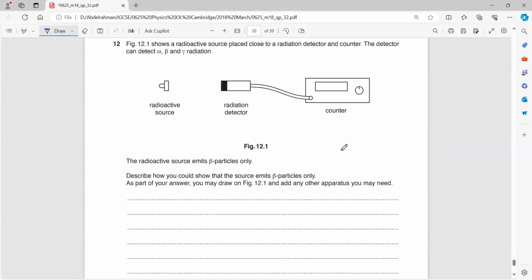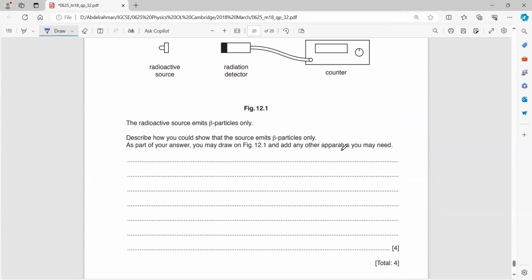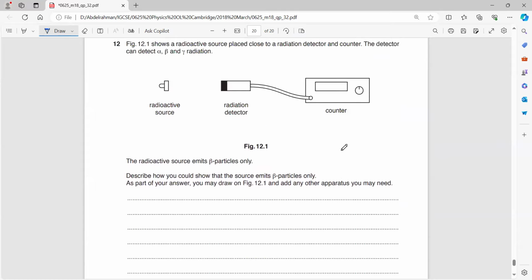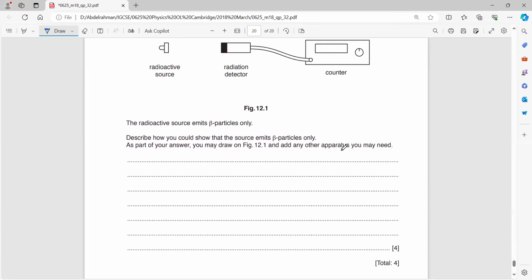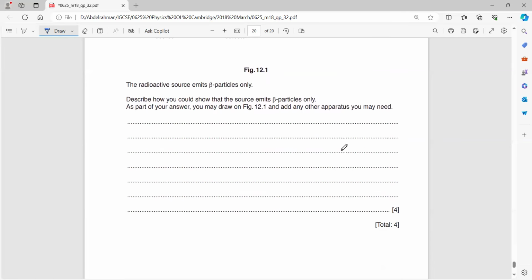A radioactive source emits beta particles. Describe and explain how you could show that it's only emitting beta particles. We'll put an aluminum sheet, foil, paper. If you put the aluminum foil initially, that would be wrong.